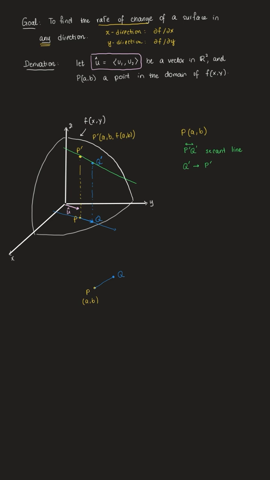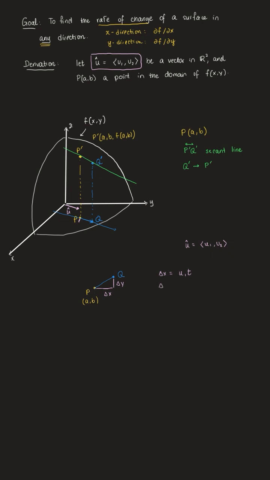So that means we have a little change in x here and a little change in y here that will give us the coordinates of Q. Now, delta x is how much we move horizontally given our vector u to get to the x coordinate of Q. So I'm going to call that u sub 1 times t, where u1, recall, is the horizontal component of vector u.